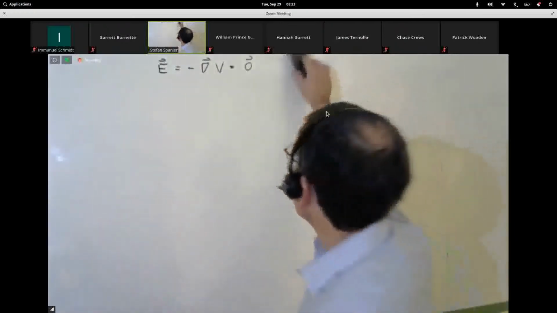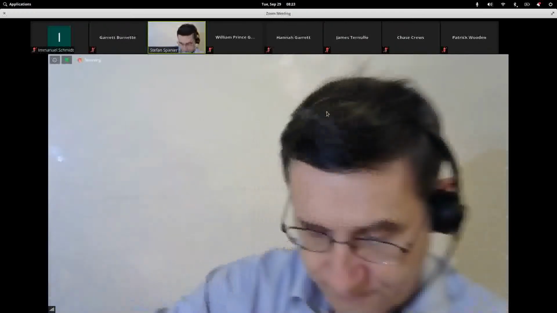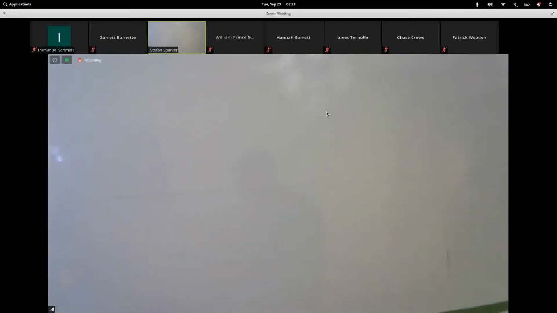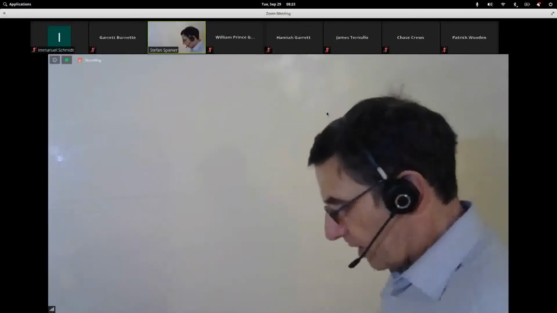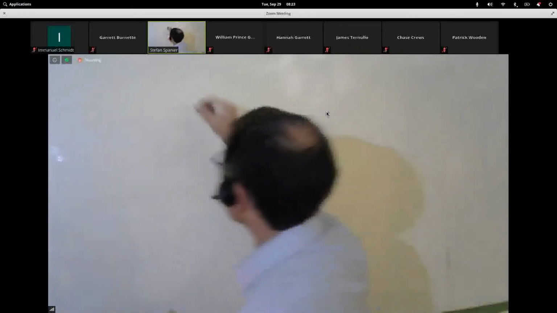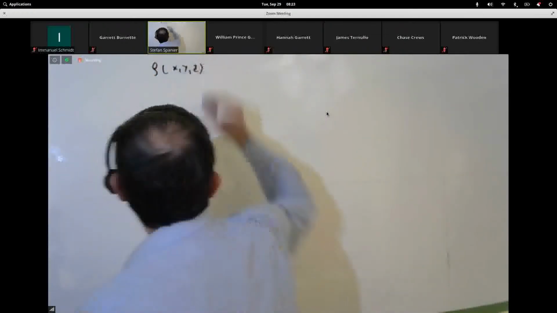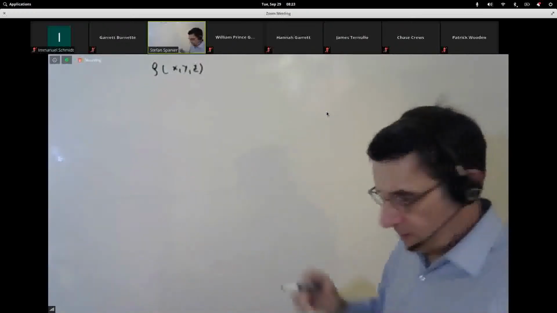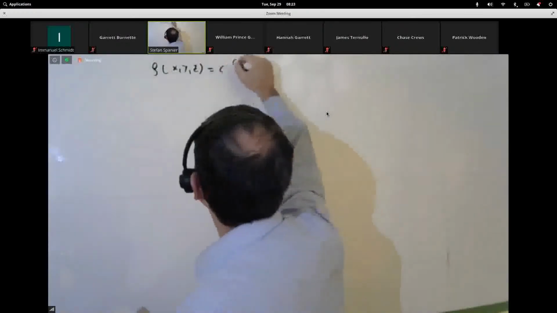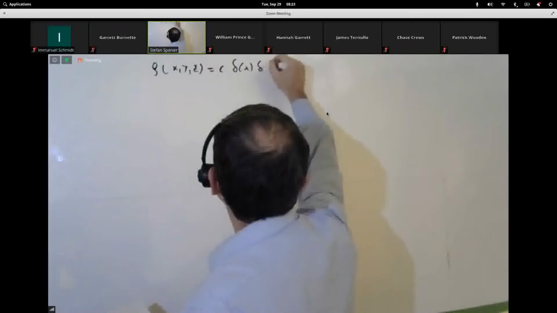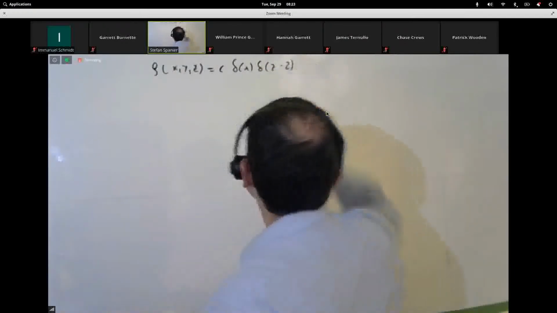Then number 4. The charge density is given as rho of x, y, and z, and is given as C delta of x delta of z minus 2.